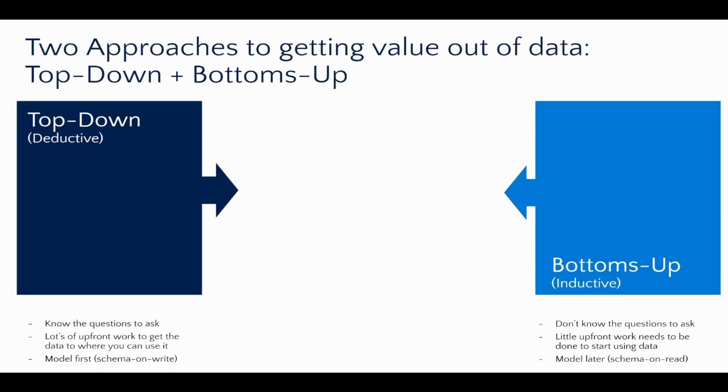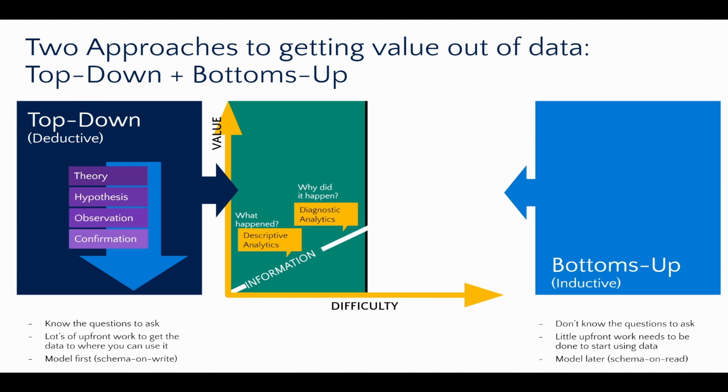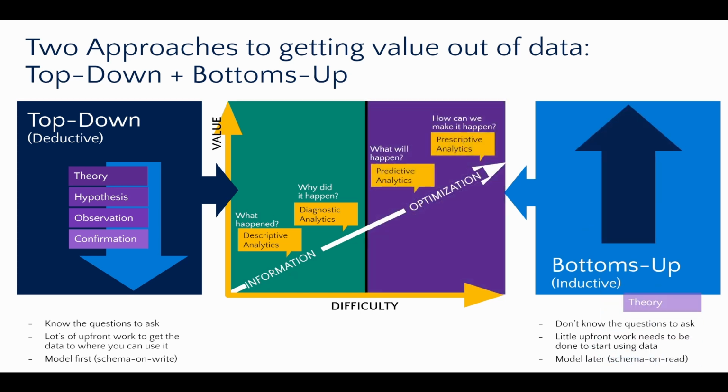There are two approaches to getting our value out of data. The so-called top-down deductive approach and bottom-up inductive approach. In the top-down approach, we know what kind of question we are asking. We have a theory, we want to prove that theory or disprove. With bottoms-up approach, we just have the data.